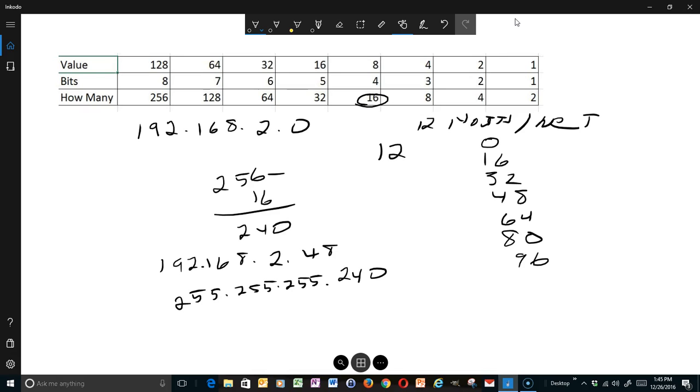So with that, quick and easy subnetting. The key is the value, how many, the number of bits, and then find our increment. The increment is used when we determine how many bits we're going to have for how many hosts per subnet. Once we have that, we can find the subnet mask by subtracting the increment from 256. 256 minus the increment is the mask.